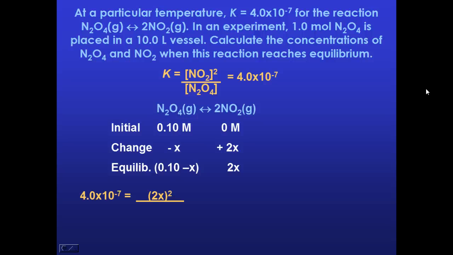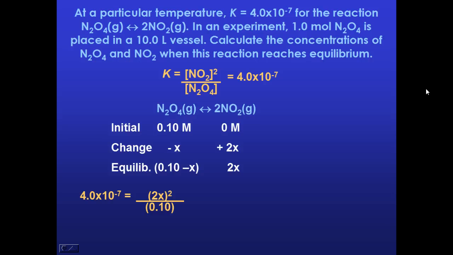So we square 2x since that's in the equilibrium expression, but we're just going to divide this by 0.1. And I know that for some of you that are sticklers for math, that's going to seem a little strange. But hopefully when this is all done, it'll make sense why we were able to omit that x and not have to go through all the quadratic calculations for what's going to end up being a very minor impact on the whole problem.